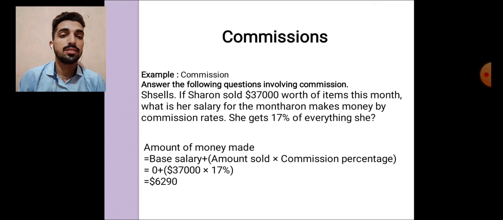She gets 17% of everything she sells. Amount of money made equals base salary plus amount sold multiplied by commission percentage, which is equal to 0 plus 37,000 multiplied by 7%, which is 6219.